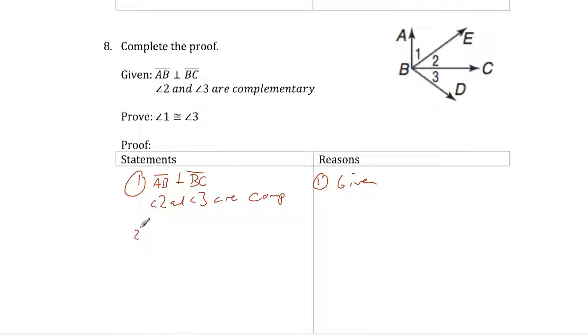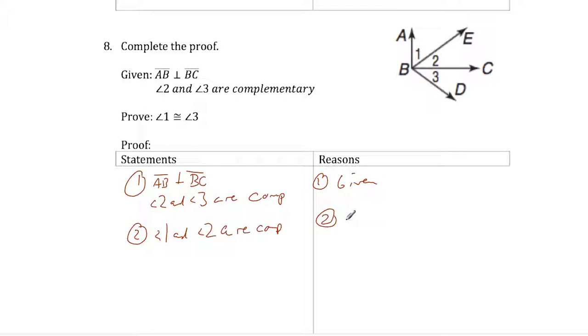So for the second step here, okay, so we know that 2 and 3 are complementary. But if we look, AB and BC are perpendicular. So that means, by definition, angles 1 and angles 2 are complementary.